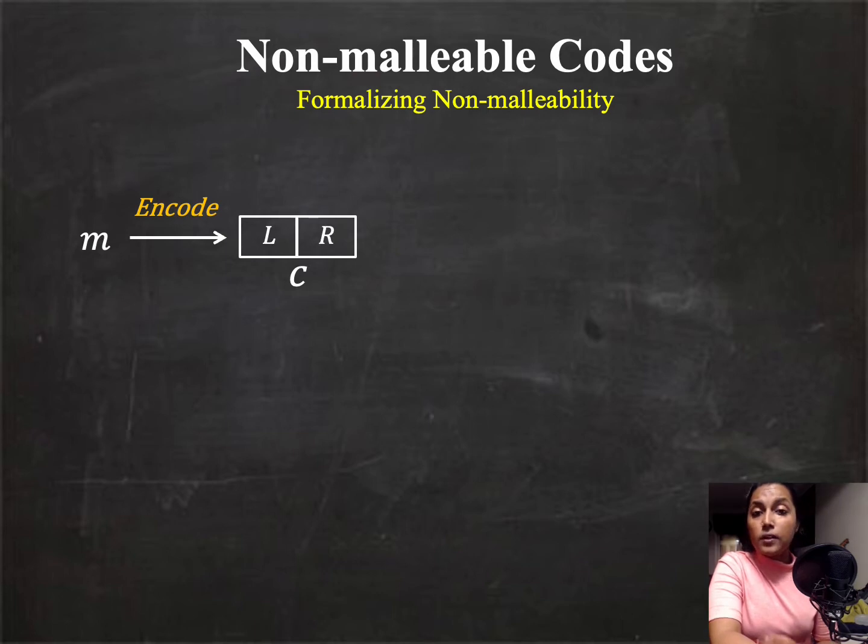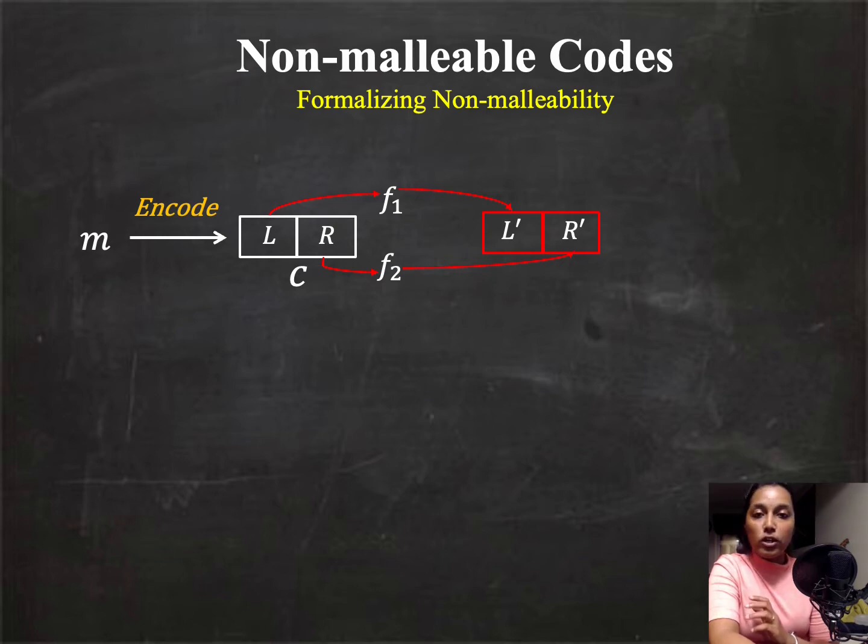So particularly here the codeword has two parts, a left and a right part, and the adversary is allowed to pick two arbitrary functions f1 and f2 in such a way that f1 acts only on L to give you L prime, f2 acts only on R to give you R prime. In other words, you allow tampering of two parts of the codeword arbitrarily but independent of each other. This is called the split state model and would be the focus of our talk today.